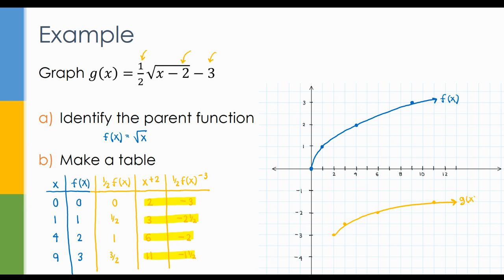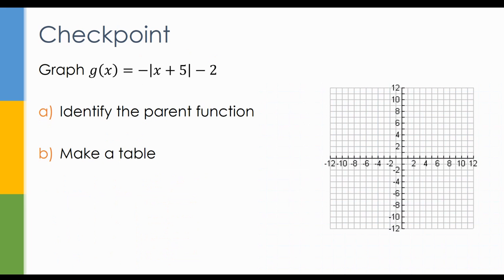So there is my g of x. Okay, so notice that it took us down and over to the side, and we are dealing with 3 different transformations here. Okay, now it's your turn.